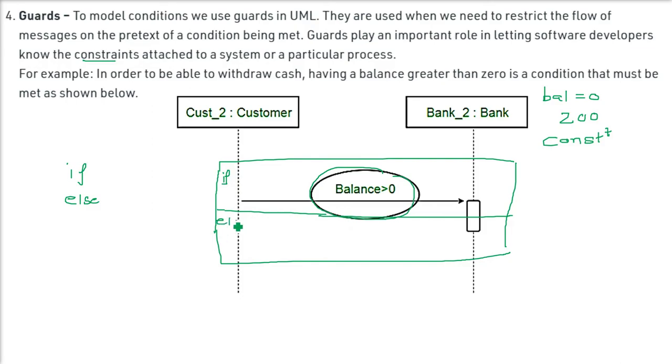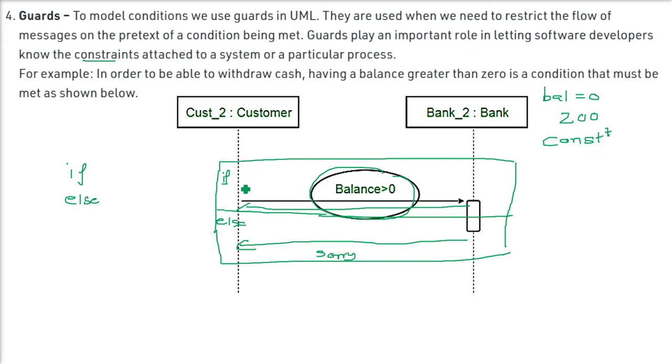If the balance is greater than zero, then withdraw the money, give the amount; all these processes I discussed earlier using different symbols will take place. In else, it will just say sorry, the balance is less, or whichever message you want to give. So this if else is important.